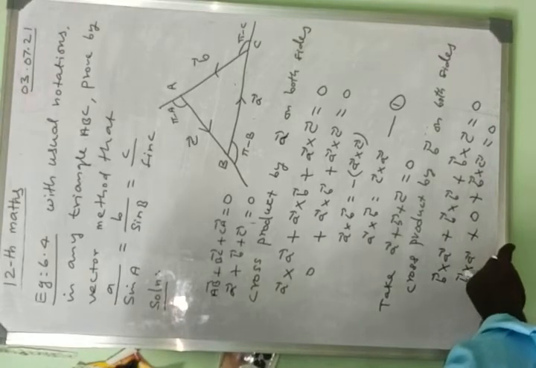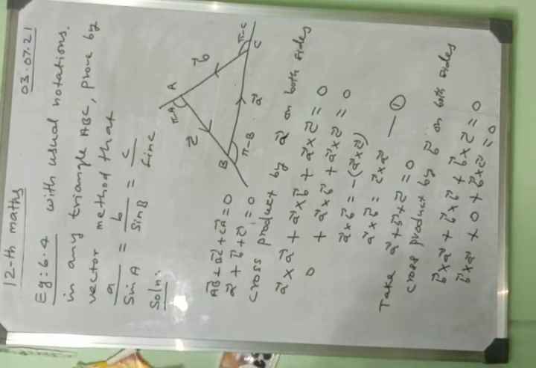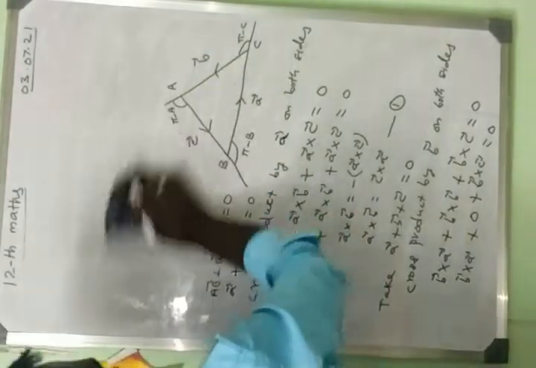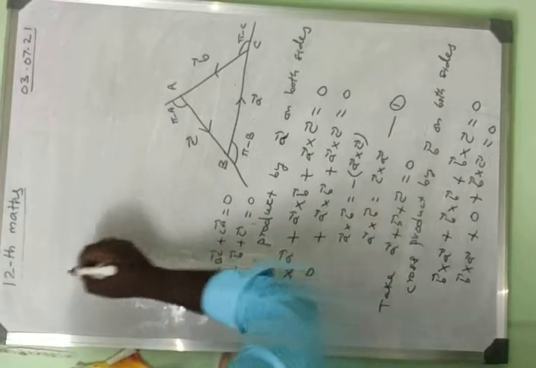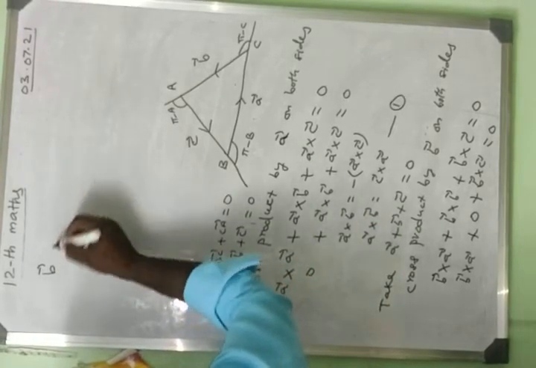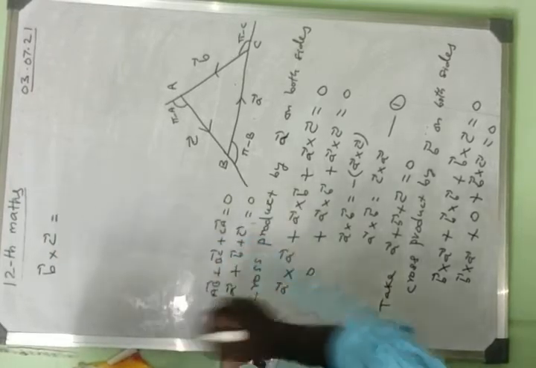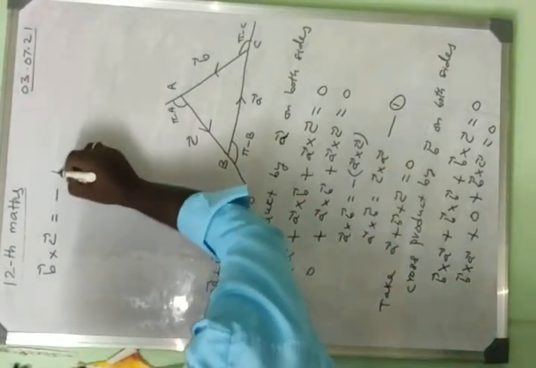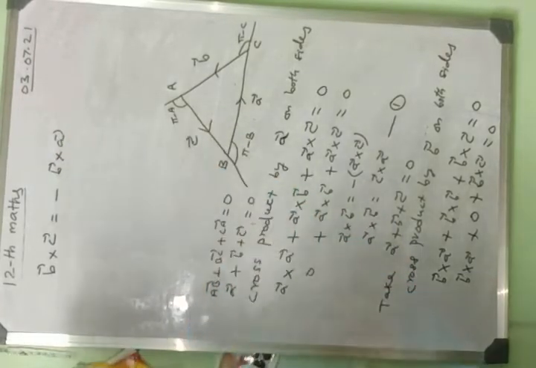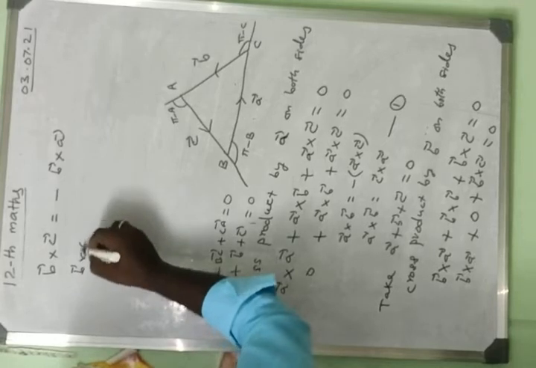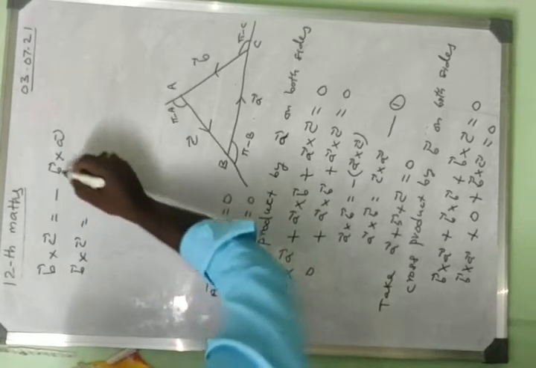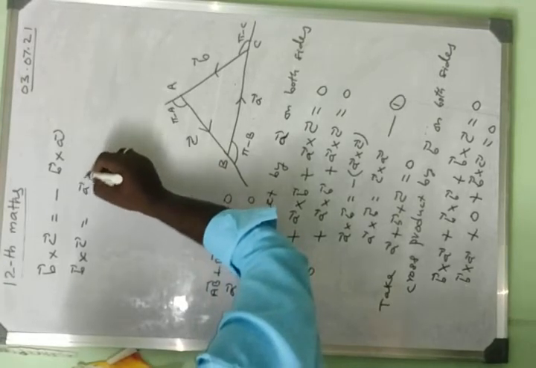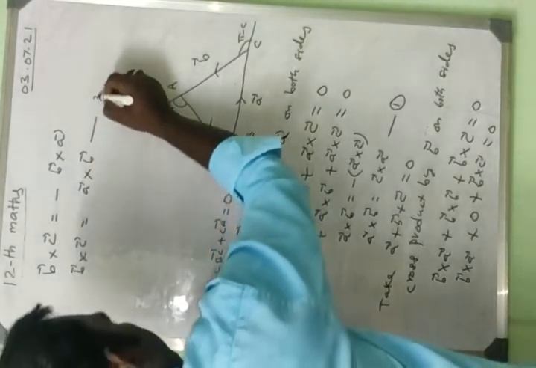So the B cross A changed to the right side becomes minus B cross A. Next step, vector B cross A with minus changed to plus means this vector order also changes, so vector A cross vector B. This is equation number 2.